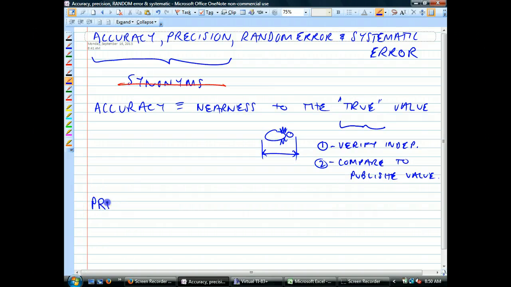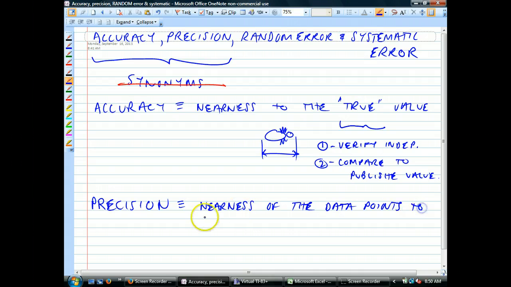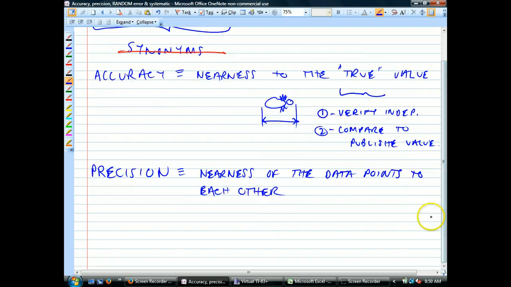The second term, precision, means something different. Precision is nearness of the data points to each other. Another way of stating this is that it is reproducibility.